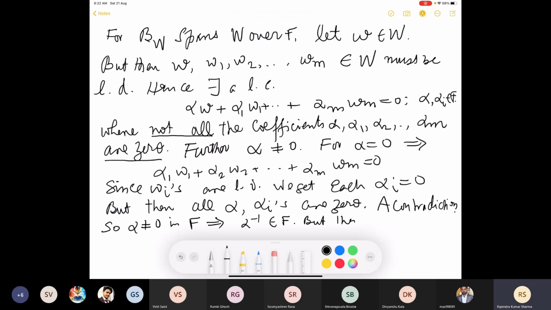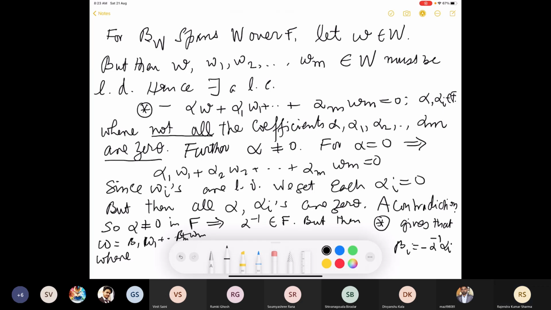But this gives that w is a linear combination. So if alpha is not 0 and if you put it here, then this gives that w can be written as beta 1 W1 plus and so on plus beta m Wm, where beta i is minus alpha inverse alpha i, which is in F. So it's a linear combination here of W1, W2, Wm.